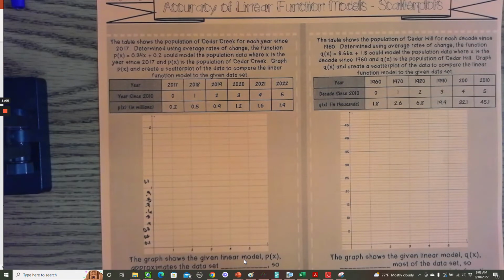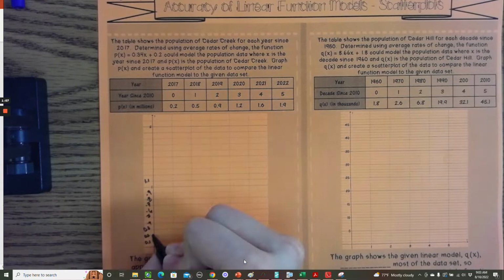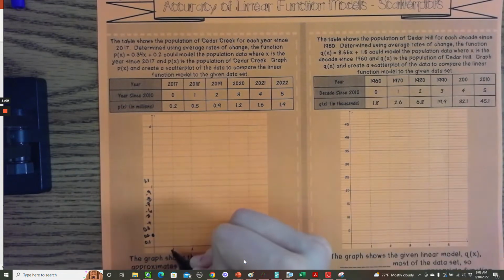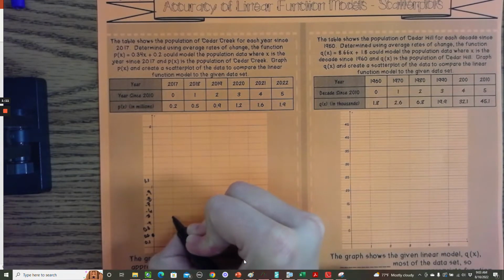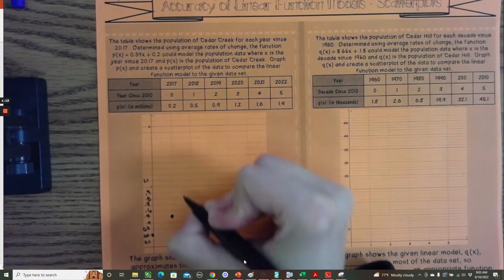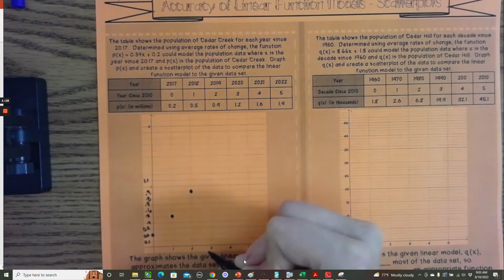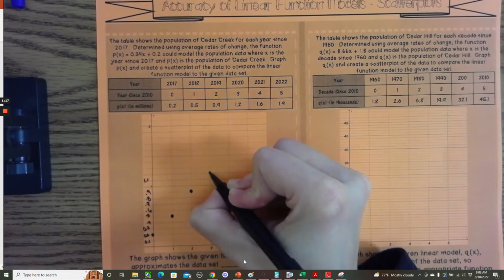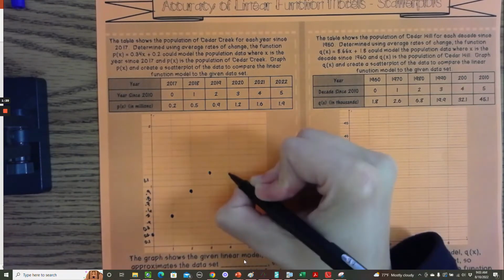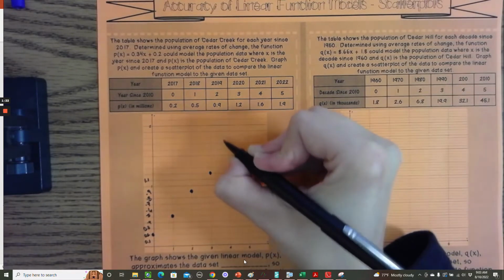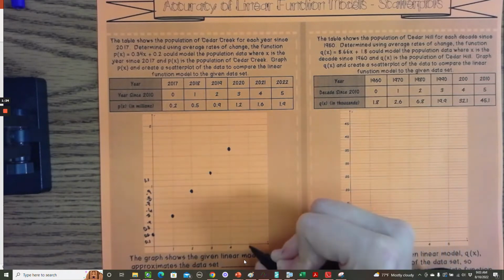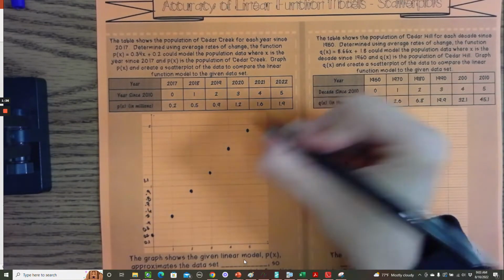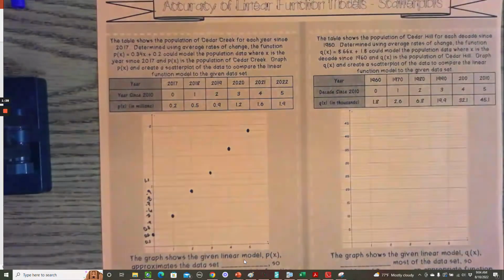All right, so we've got a point at 0 and 0.2, 1 and 0.5, 2 and 0.9, 3 and 1.2, 4 and 1.6, and then 5 and 1.9. So that's the scatter plot of my data.